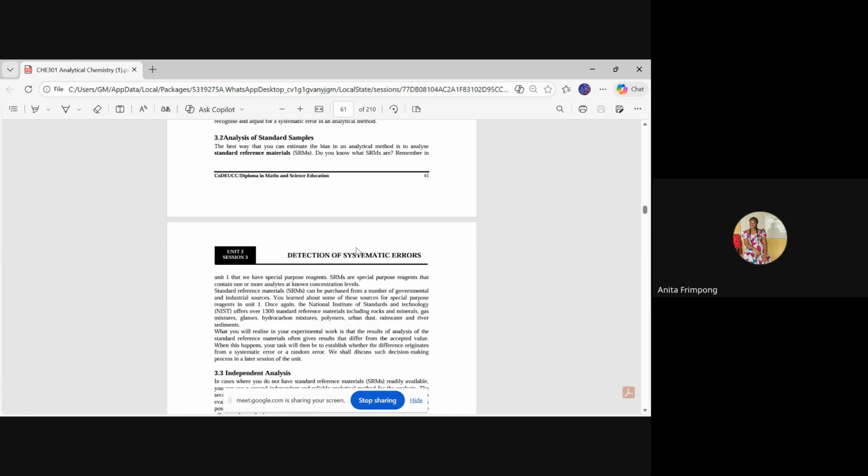SRMs are special purpose reagents that contain one or more analytes at known concentration levels. Standard reference materials, that's SRMs, can be purchased from a number of governmental and industrial sources. You learned about some of these sources for special purpose reagents in Unit 1.